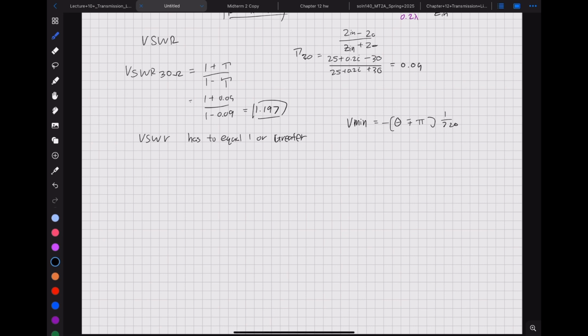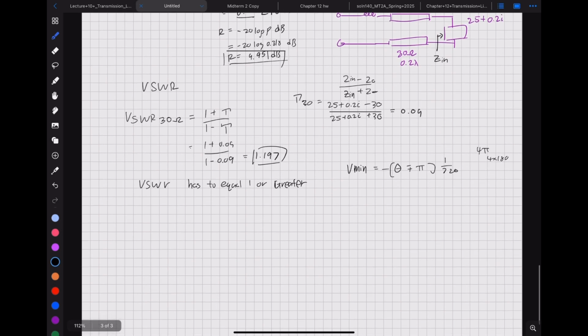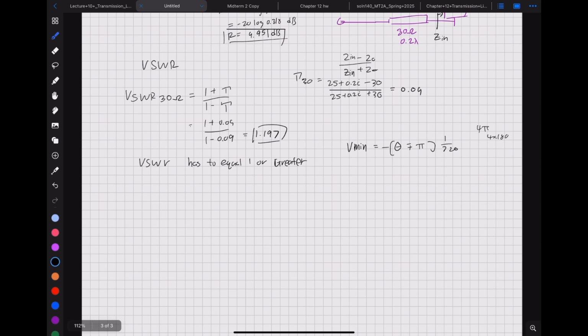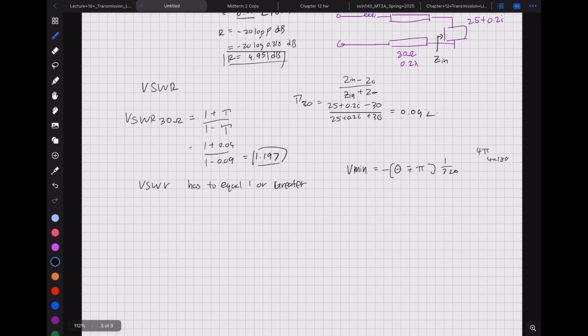Although it says 4 pi, 4 times 180 is 720. So our angle that we found for gamma, I forgot about the angle here, is 177 degrees. So we're gonna have 177 degrees plus or minus 180, and there's a negative 1 over 720.